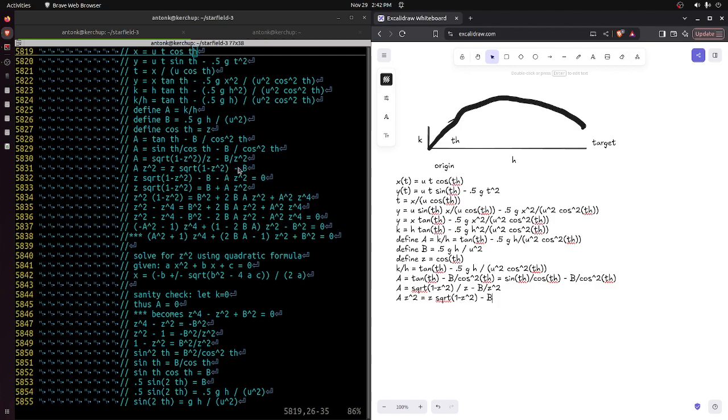So we're at this step here, and we want to move everything to one side. Okay, let's just do it. So z squared times (1 minus z), z times the square root of 1 minus z squared, minus b minus a times z squared is equal to 0, right?